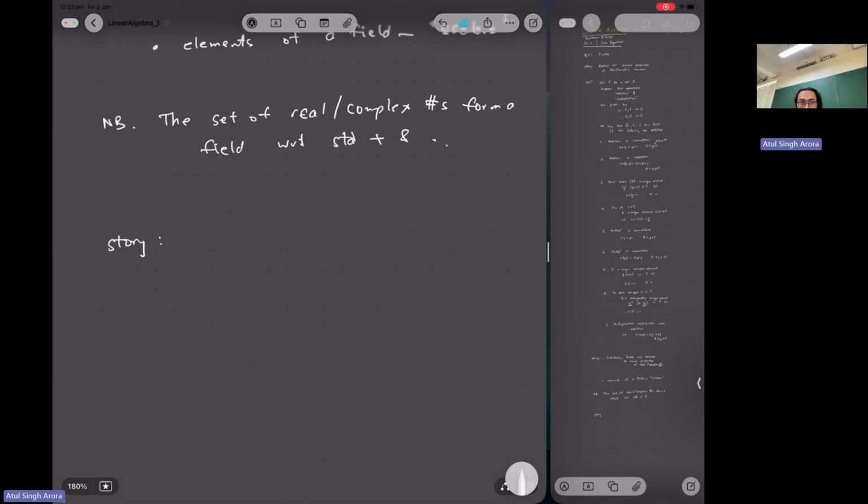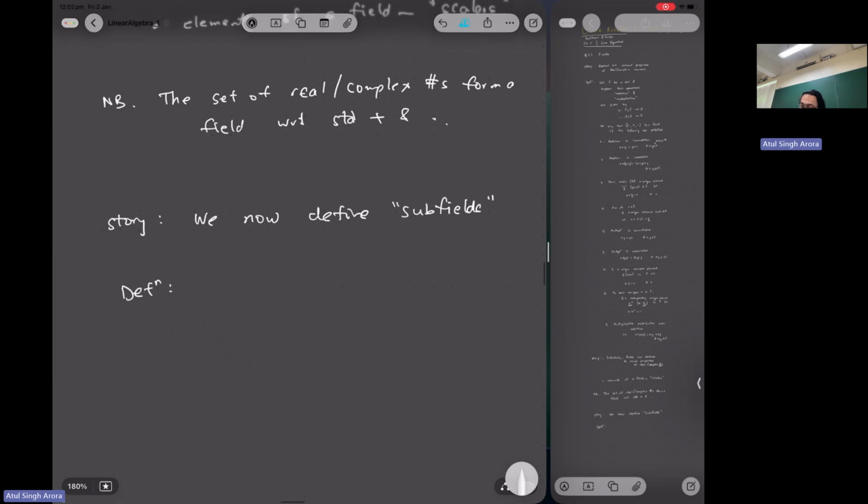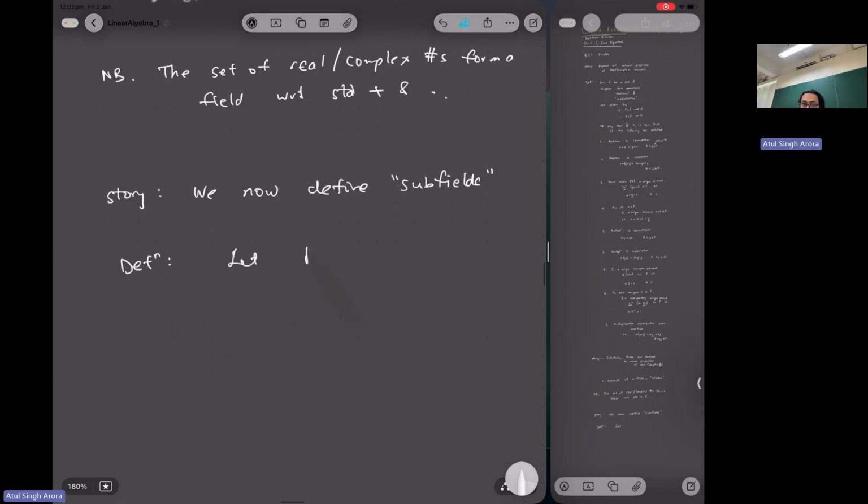So now we're going to define subfields. Subfields are intuitively supposed to be a smaller field within the bigger field, just as the name suggests. So what is the formal definition? Let F, plus and dot, be a field.